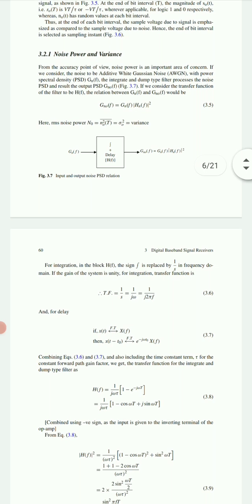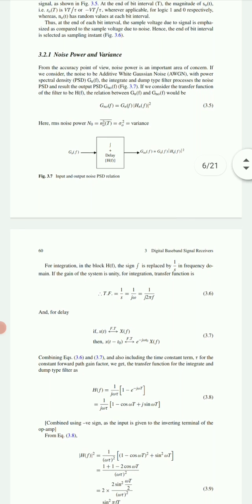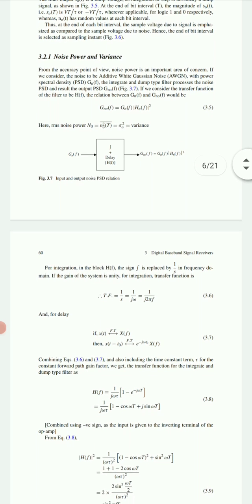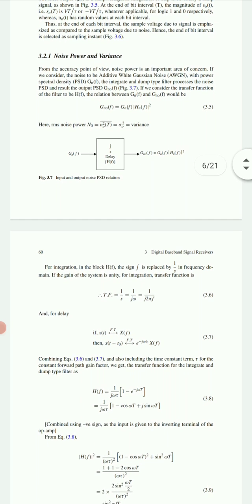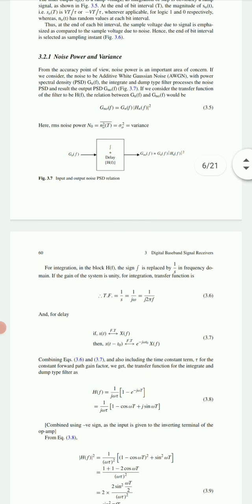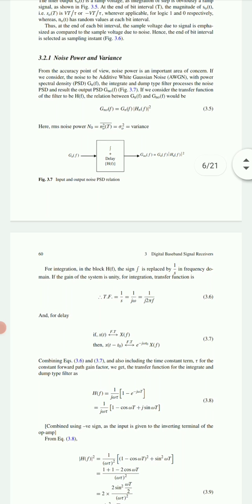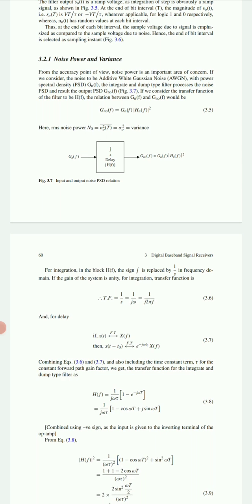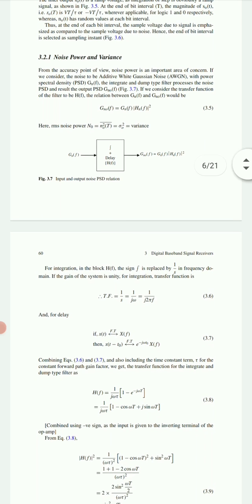So we can see here the input and output noise power spectral density relations, how they are related. Input we are taking as Gn of f, output we will get as GNO of f. So GNO of f equals Gn of f times modulus Hn of f squared.